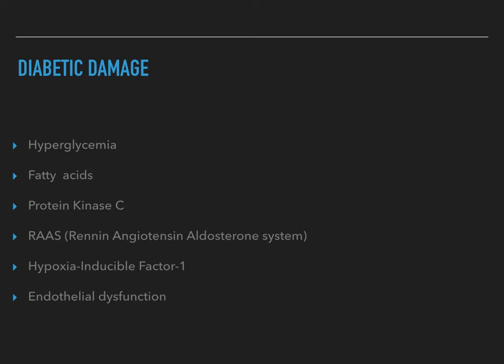The next one will be hypoxia inducible factor 1, and I found this one pretty interesting. When the heart becomes hypoxic, there's normally angiogenesis of vasculature and collateral blood flow that responds to this and allows the blood to properly flow despite the hypoxia.